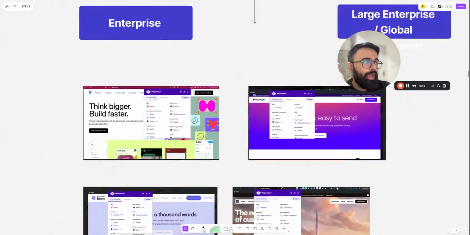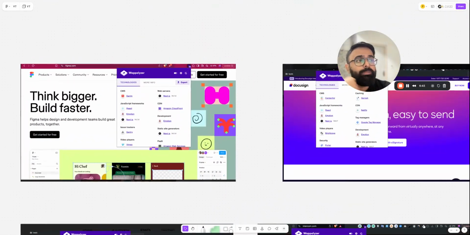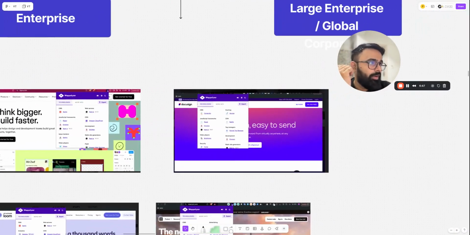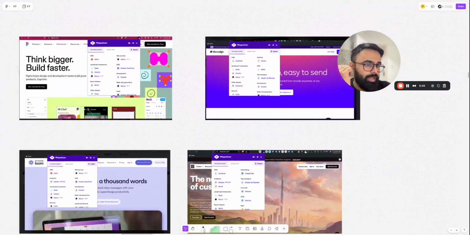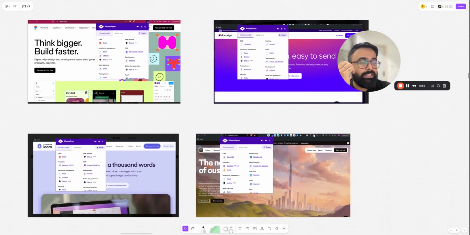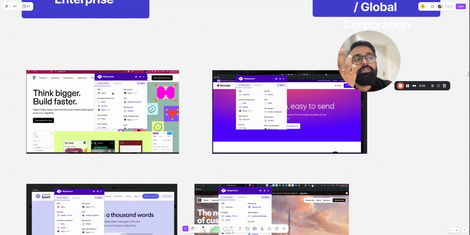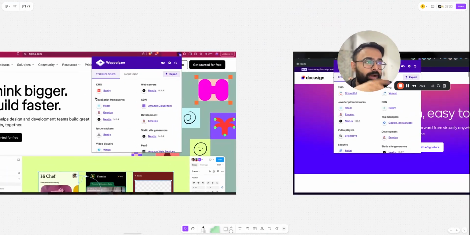Now when I'm talking about headless CMS, you can see big enterprises and organizations like Figma, DocuSign, Loom, Atlassian, which is again an Atlassian product, and Intercom. All of these actually use headless CMS. You can use a tool like Wappalyzer to check that.